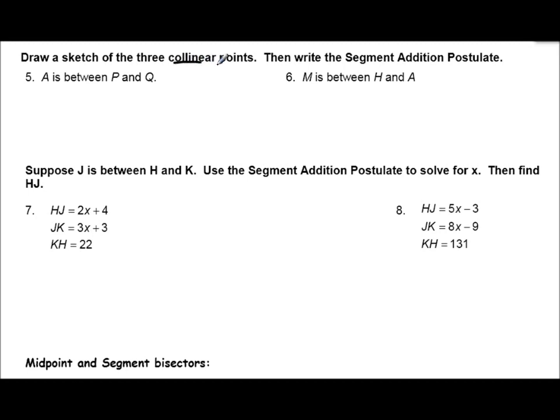Collinear means points that lie on the same line. And then we're going to write the segment addition postulate that follows. So if we have a segment between a point A that's in between P and Q, I would start by drawing a point, labeling it A, and it's got to be in between points P and Q. And of course this is a segment, so we're going to attempt to draw a straight line.